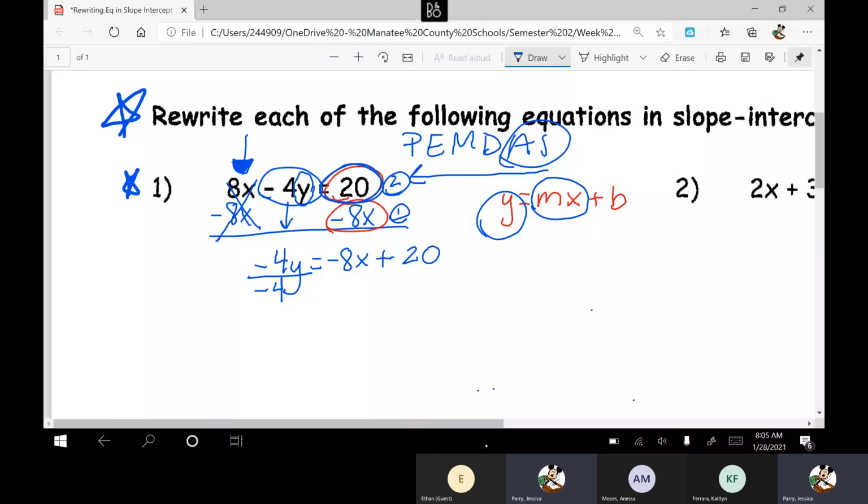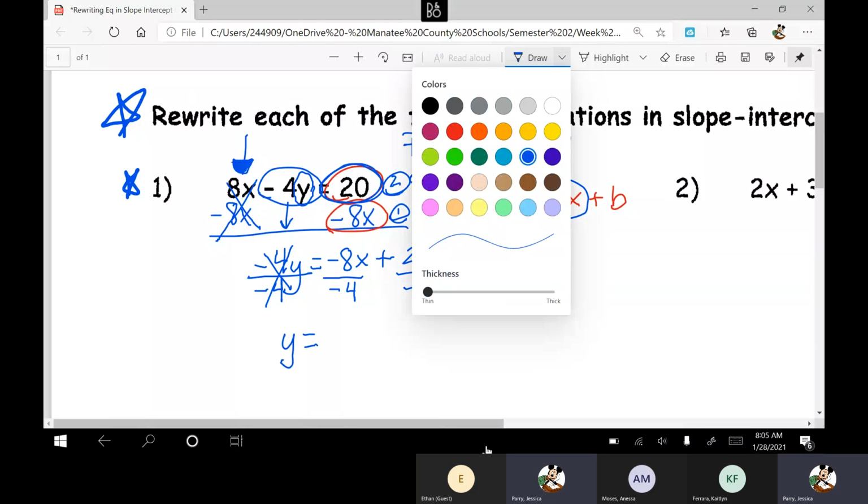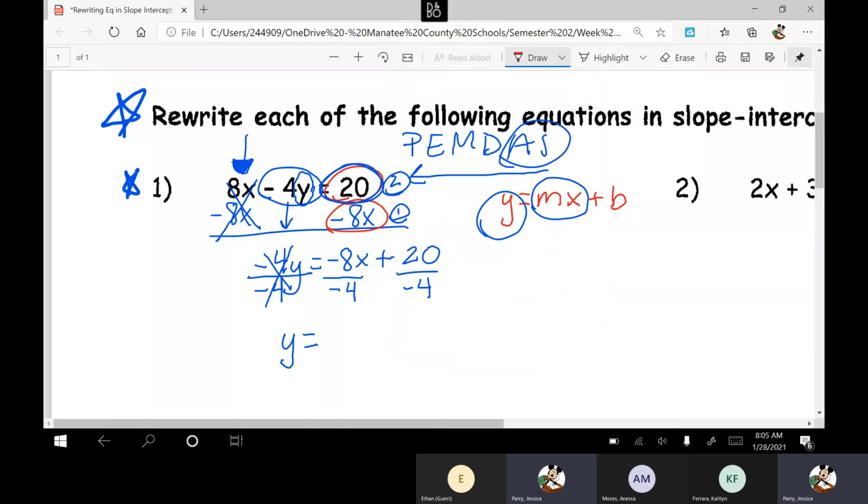And then when you do it on the other side, split it up so you can see it nice and pretty. Divide by -4 all throughout the entire thing. And then we can start simplifying. These -4s cancel out, so we're left with y equals. Now let's start simplifying our fractions.